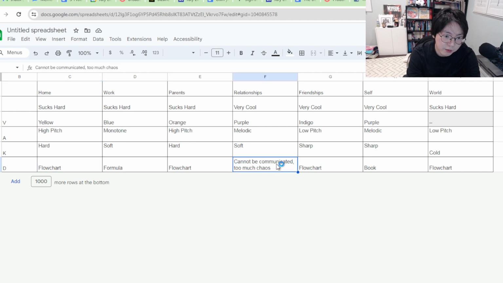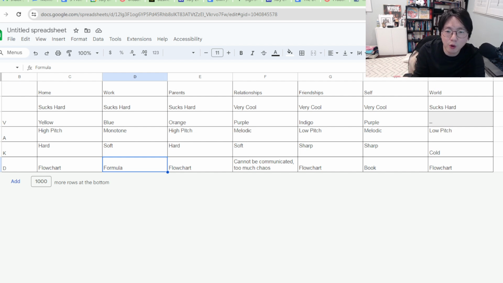So relationships, I think, again aligns. It's very cool, right? But at the same time, it's soft and there is complexity captured here. And sucking and hard things again seem to be in a flowchart. World seems to be a flowchart for them too. It's like a decision tree, and work seems to be following a formula. That formula may be really boring to this person.